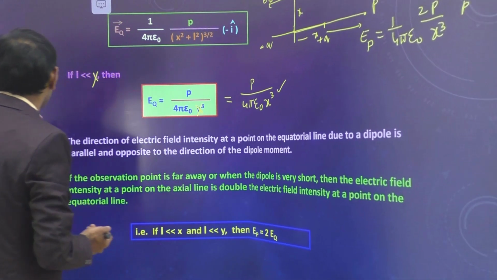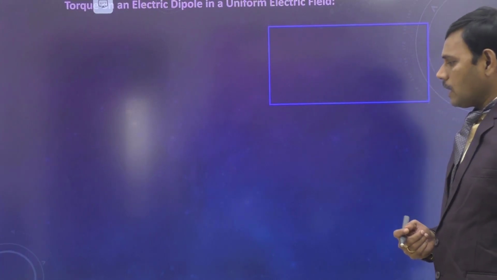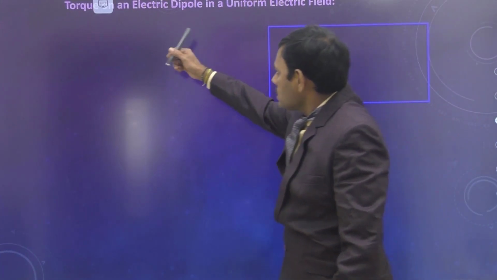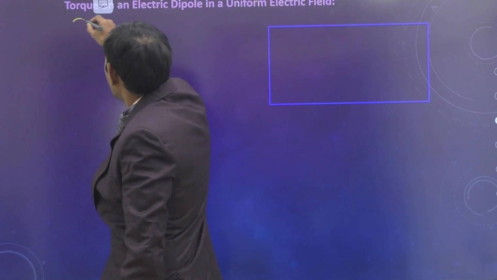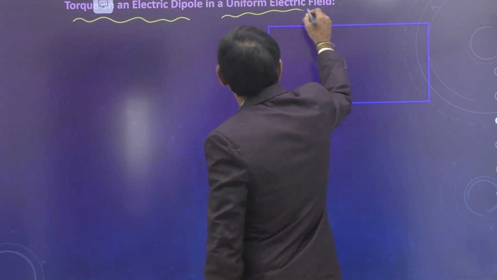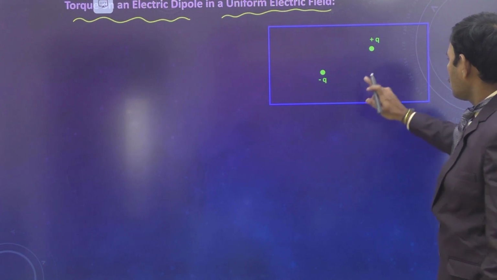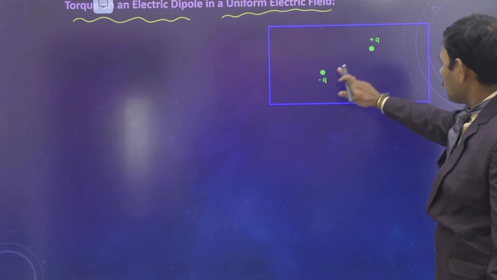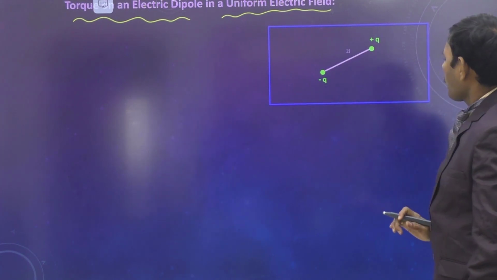Students, next consider one more expression, that is, torque on an electric dipole in a uniform electric field. Let us consider the electric dipole as shown in the diagram here.